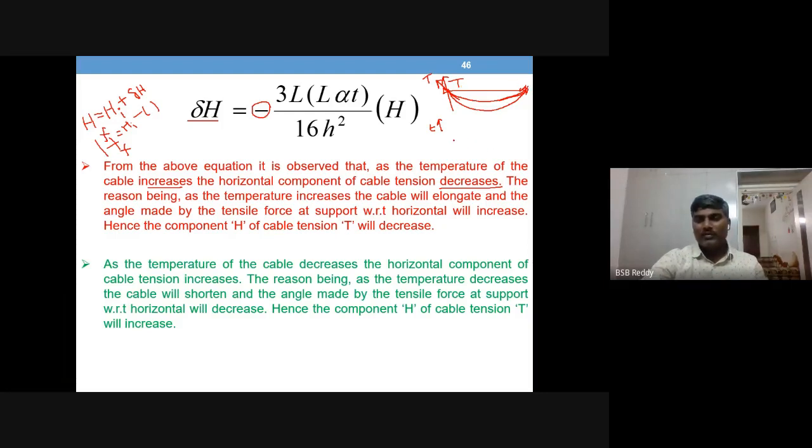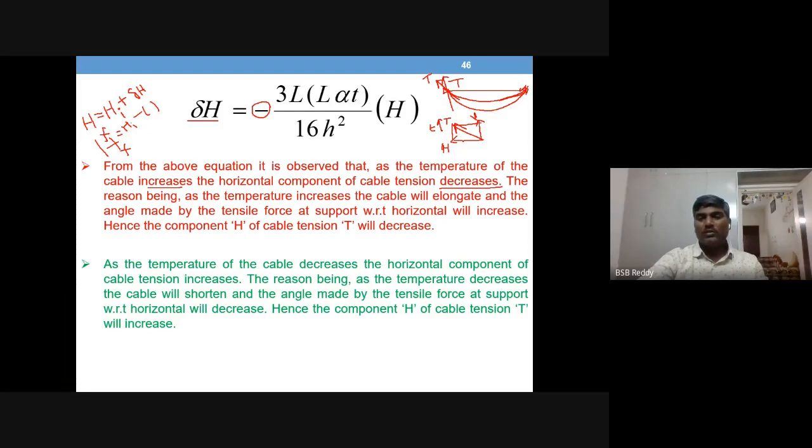So this is the horizontal reaction and vertical reaction, let us say. So how do you find the T value, just by the resultant, right? I think you remember this diagram from your engineering mechanics. So this is the T value.